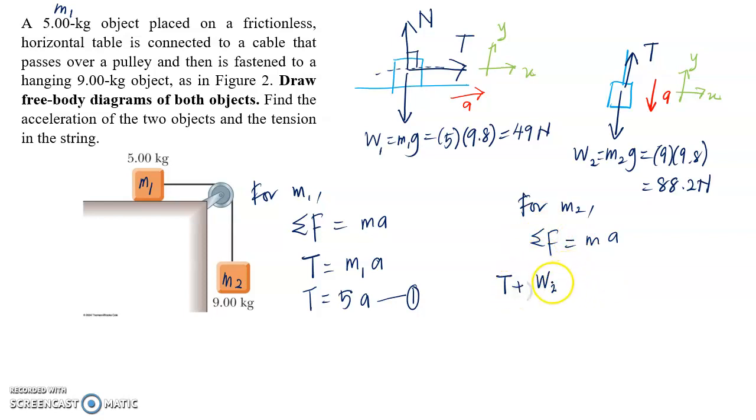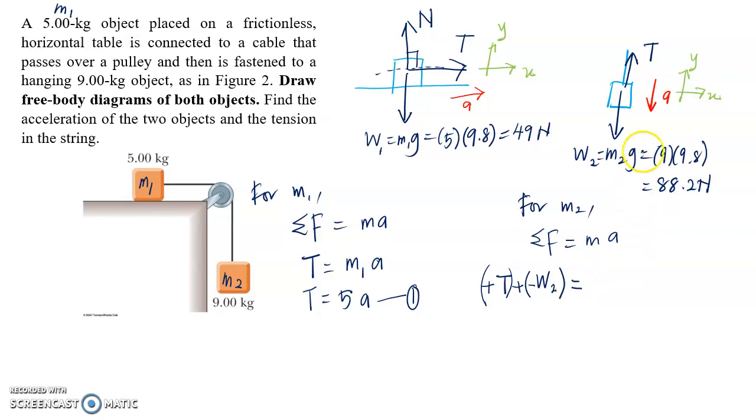So T plus W2, and remember that just like previous, we have to put in the sign according to the direction. For the tension, it is positive because the tension is towards the positive y direction. And then plus negative W2 because it is pointed downward or towards the negative y direction.